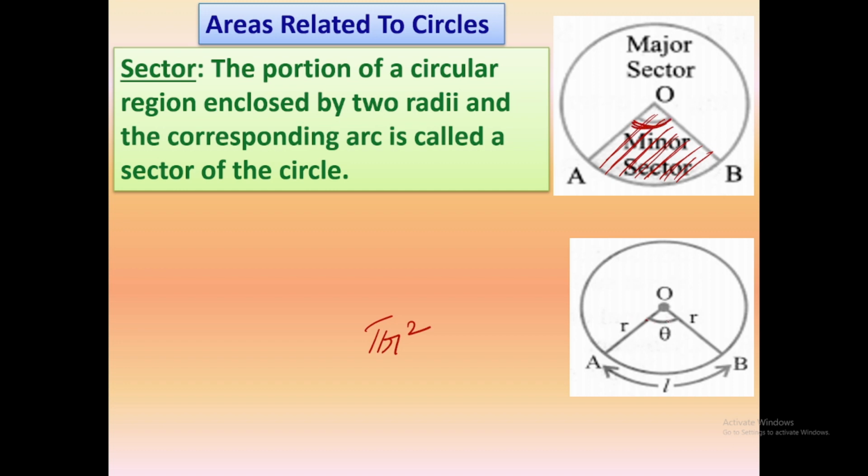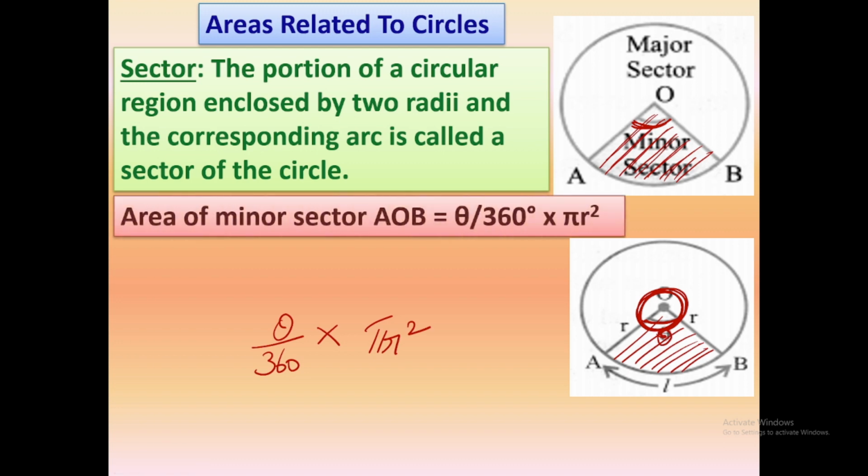So here the corresponding angle is theta, and this theta is out of the whole 360 degrees. So theta upon 360 into pi r square will be the area of the sector. So the area of the minor sector, that is this AOB, is theta upon 360 into pi r square.